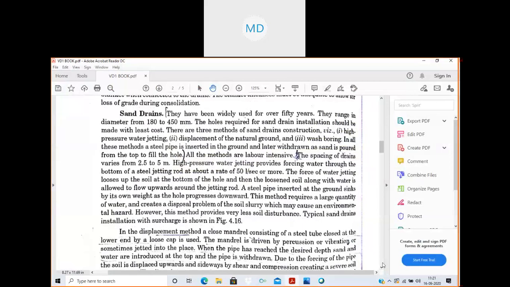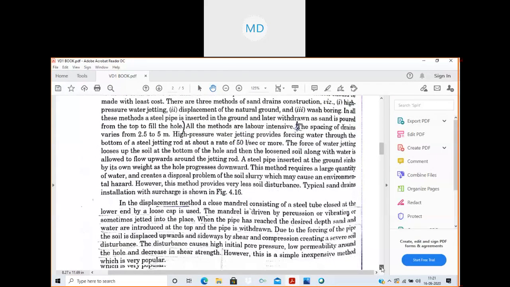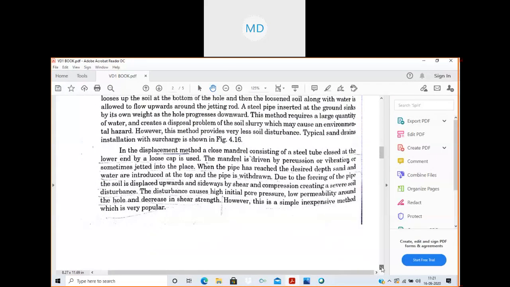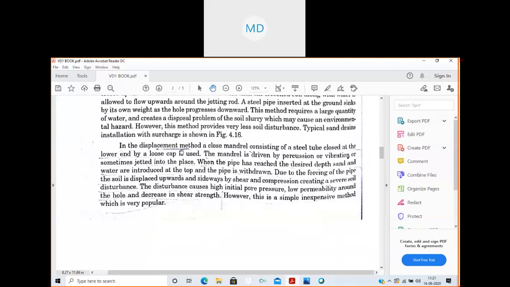In the displacement method, a closed mandrel consisting of a steel tube closed at the lower end by a loose cap is fitted. The mandrel is driven by percussion or vibration, or sometimes jetted into place. When the pipe has reached the desired depth, sand and water are introduced at the top and the pipe is withdrawn.